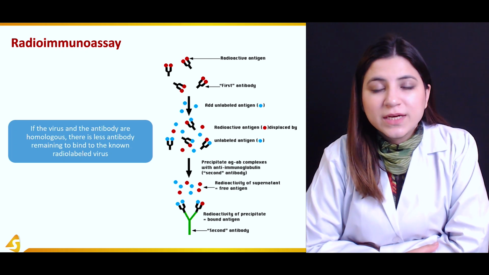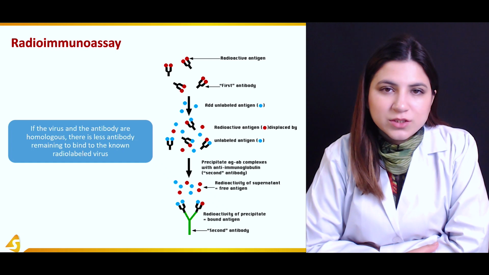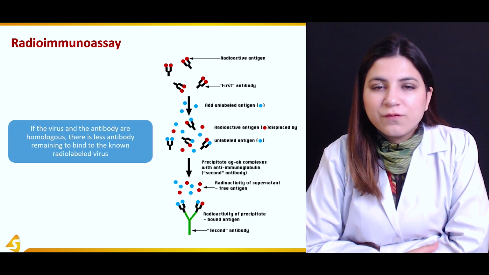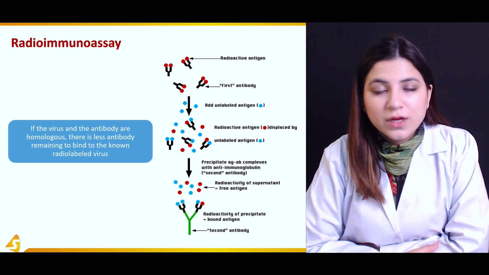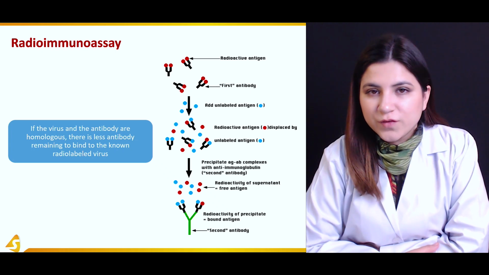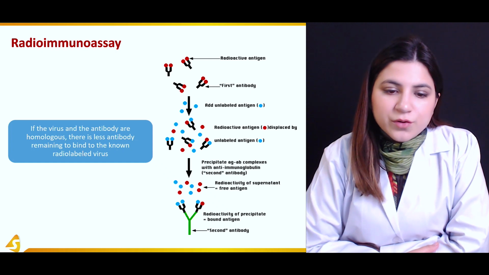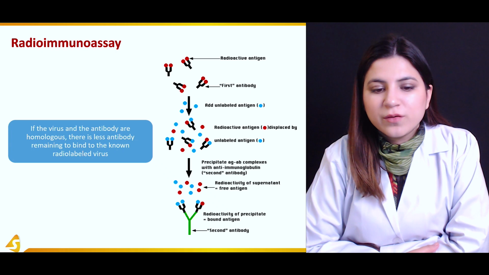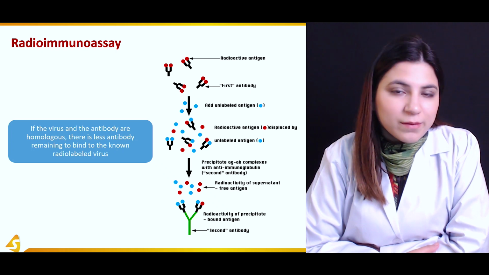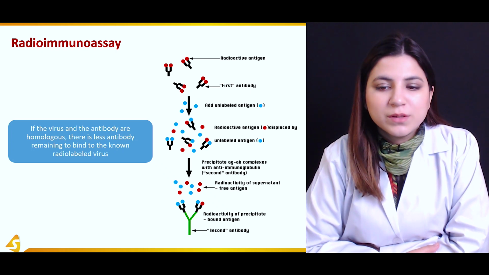And we can detect the amount of displaced radio-labeled antigens, and we can identify the type of infection, and we can identify the stage of infection as well. So if the virus and antibody are homologous, there is less antibody remaining to bind to the radio-labeled virus or the radio-labeled antigen.